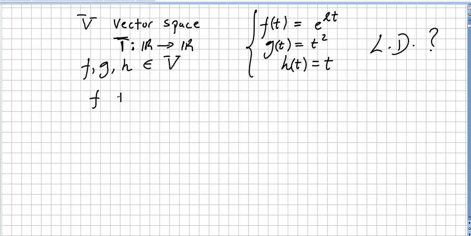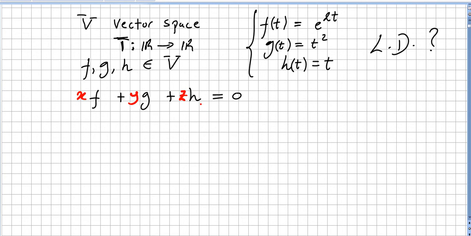So we have f, we have g, we have h, and they will be 0 if we have x, y, and z. If the only way of this being 0 is if x, y, and z are 0, then they are linearly independent. Okay?